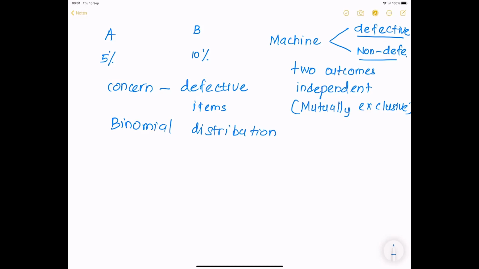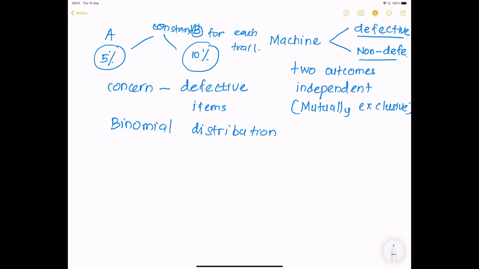Also, consider the probability of success or failure. You can see here the defective percentage is always 5% for A, and for B that is 10%. These are not changing; these are constant for each trial.